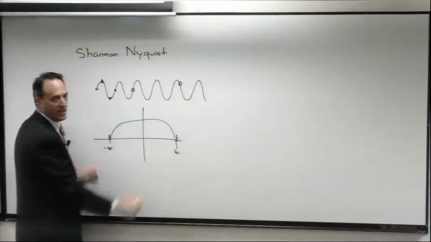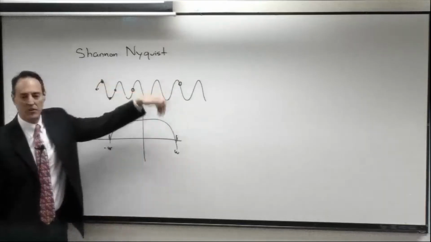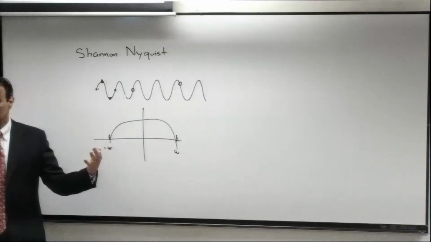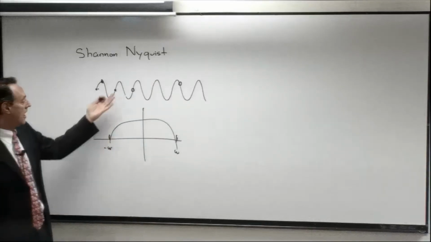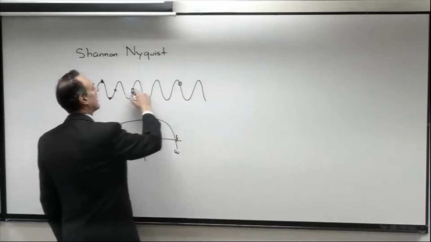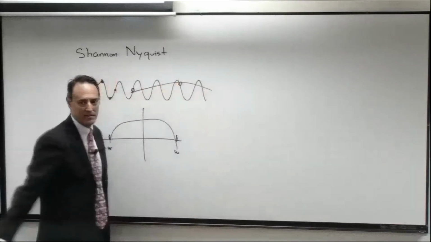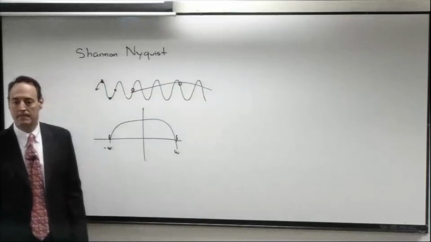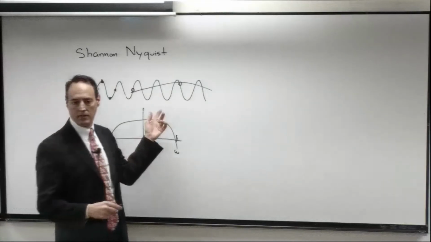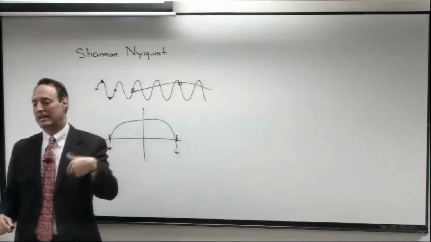Do you think I could get it? I can't. How am I going to get everything in between? So this is often called aliasing. If you don't get it right, it says, I don't see any of that. What it will see is something like that, a totally different frequency. That's aliasing. If you don't sample at the right rate, you get the wrong thing back.